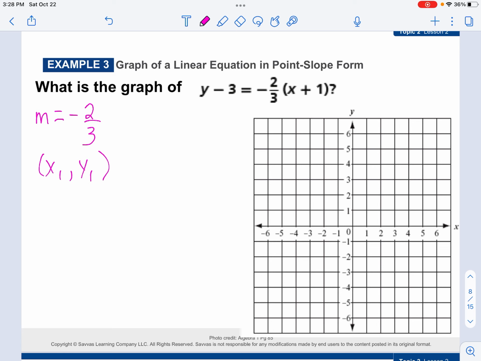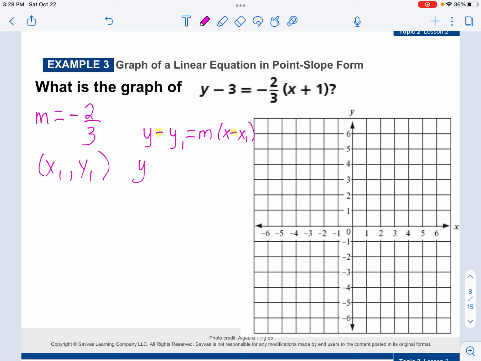Remember, the general form for point slope form is y minus y1 equals m times x minus x1. So if I rewrite the equation so that I have these minuses, I can see what my y1 is and what my x1 is.